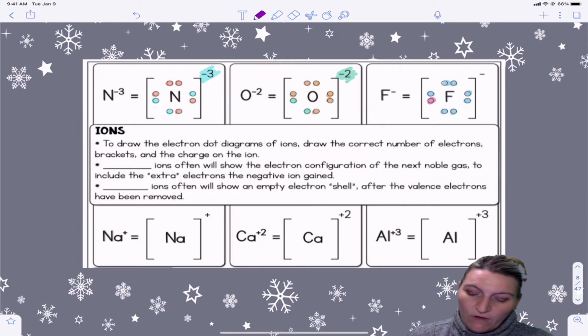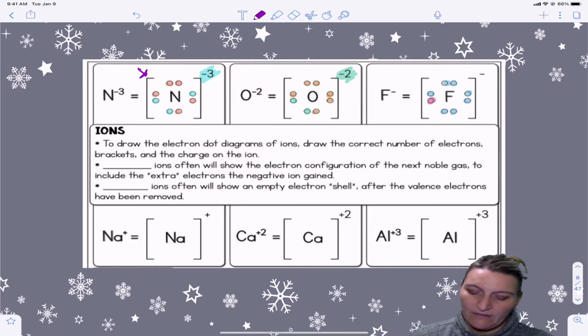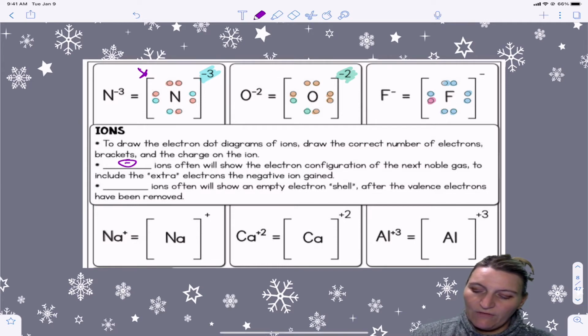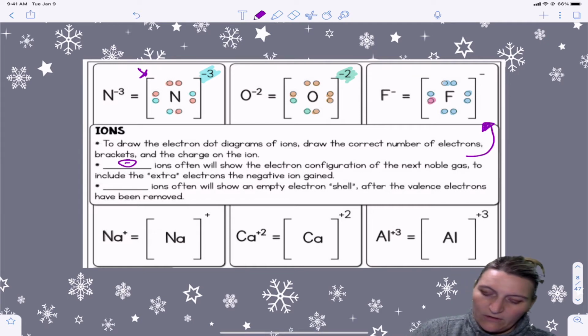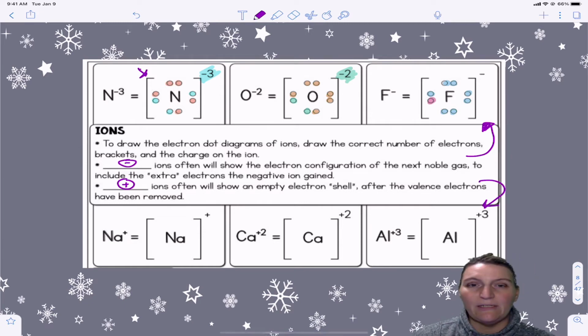So to draw the electron dot diagram of ions, draw the correct number of electrons in brackets and then the charge of the ion. If it's going to have a charge, we put brackets around it. Negative ions will tend to show the electron configuration of the next noble gas to include the extra electrons the negative ion gained. That's what we're seeing up here. And positive ions will show an empty electron shell after the valence electrons have been removed, and that's what we're seeing down there.